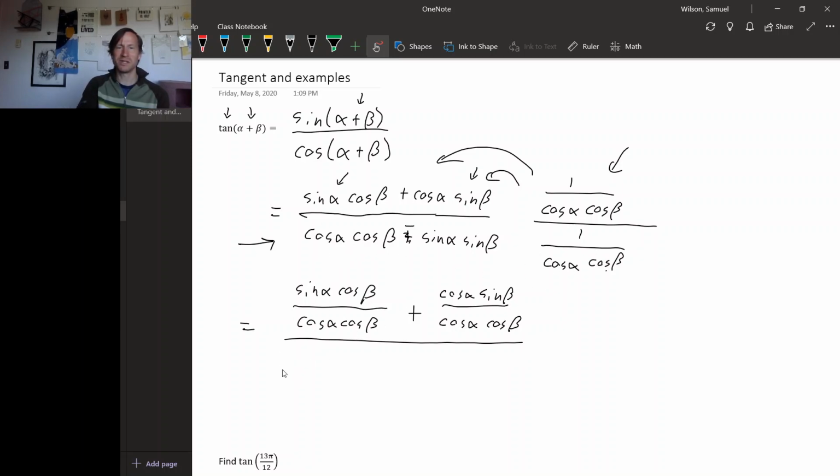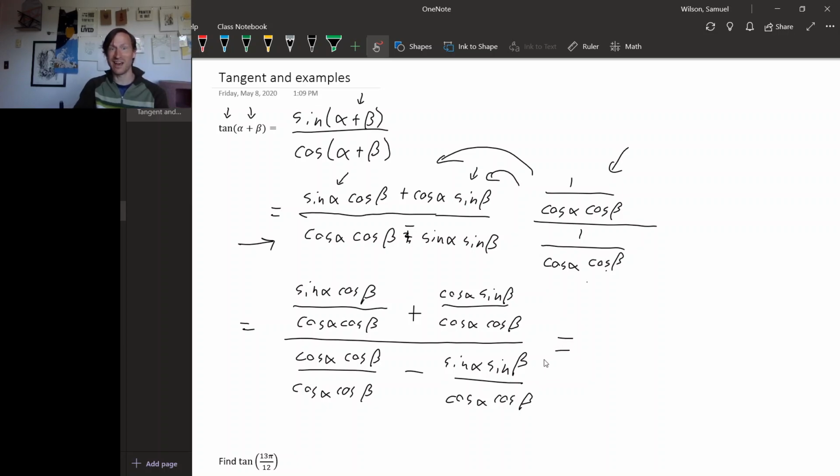So this lower left piece is going to be cosine alpha cosine beta over cosine alpha cosine beta, minus this lower right piece, sine alpha sine beta over cosine alpha cosine beta.